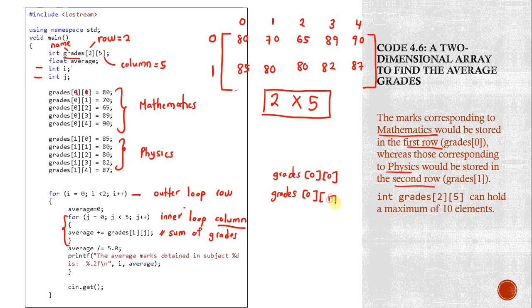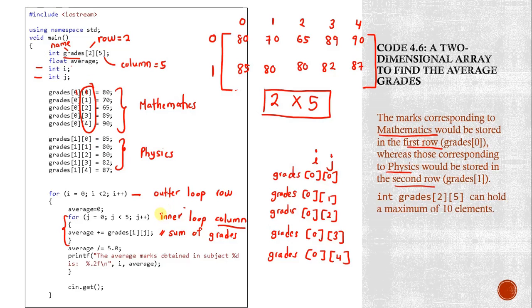So j will be 1, and I will still be 0, and then it will add up for 0 2, and then another one for 0 3, and the last one 0 4. This is my I, this is my j from 0 to 4. Once it adds up everything, it will find the average, which is the total division.